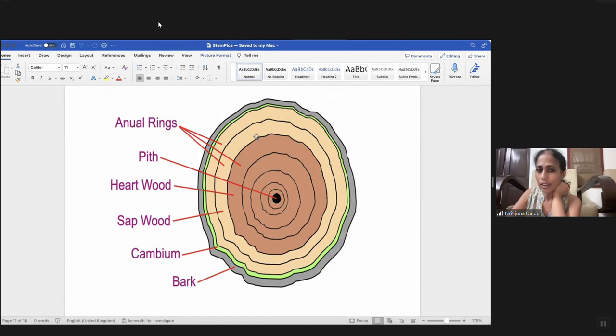The rings that you see are the old pipes that have died. Right in the middle is the pith. The old part is called the heartwood.